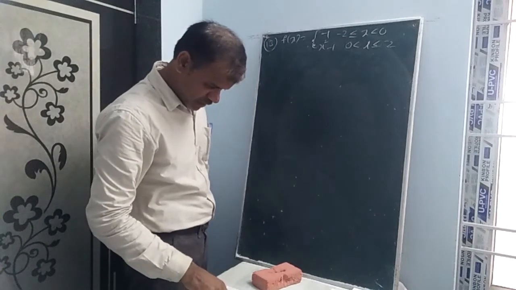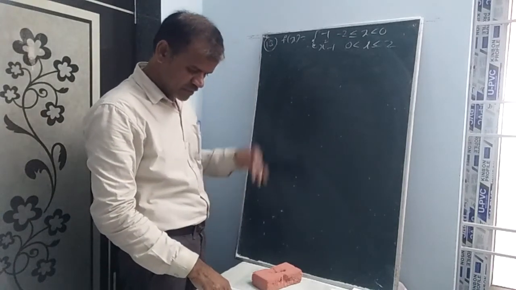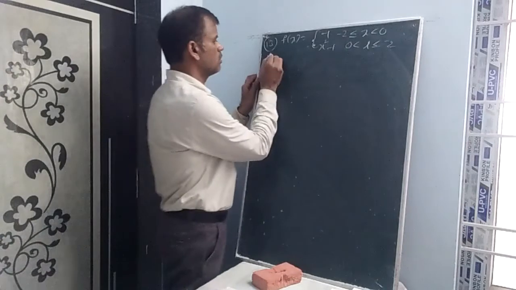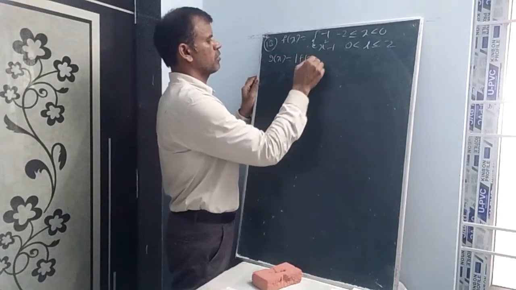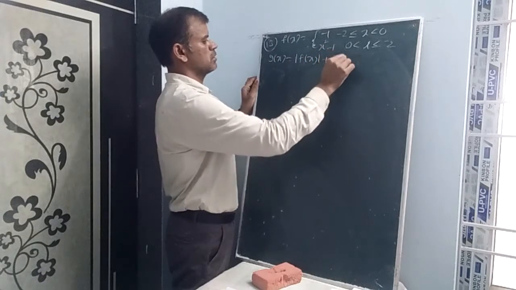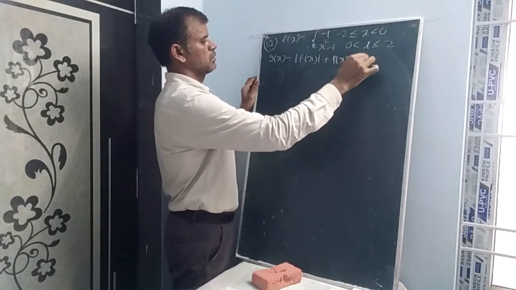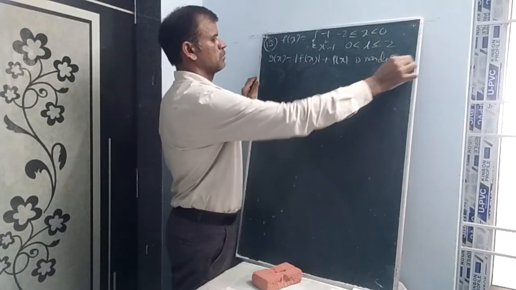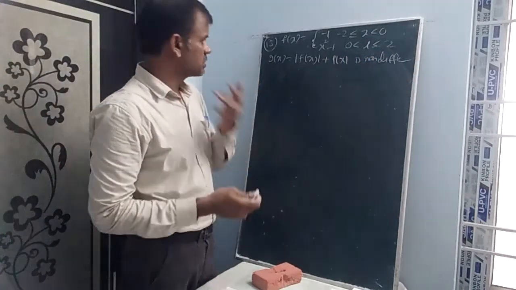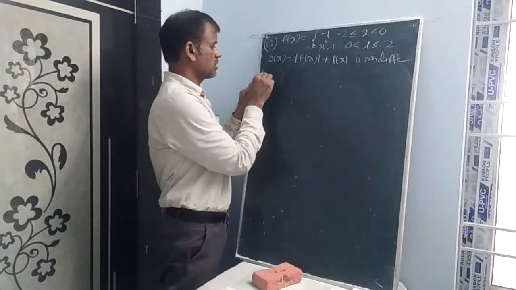Now we need to calculate the number of points at which g of x is non-differentiable, where g of x is given as modulus of f of x plus f of modulus of x. Let us calculate.